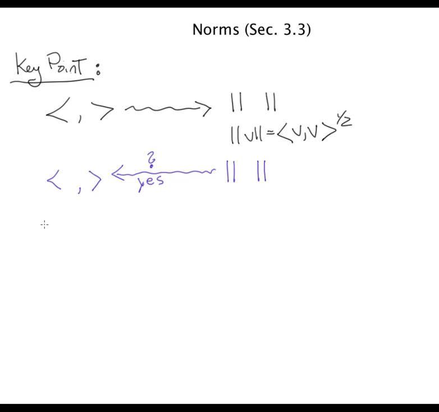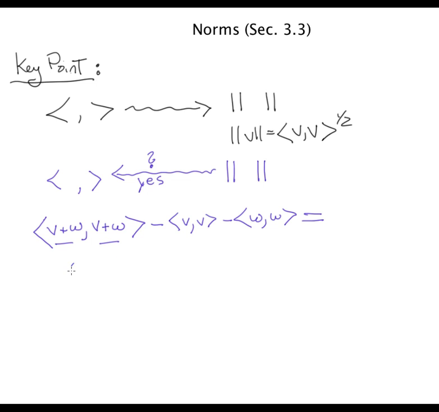And it's from the following simple observation. Look at the inner product of V plus W with V plus W, minus VV, minus WW. What's that equal to? Well, we can write this out. It has 4 terms.